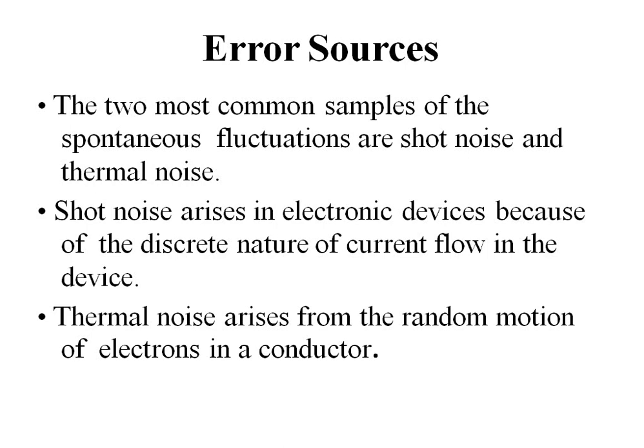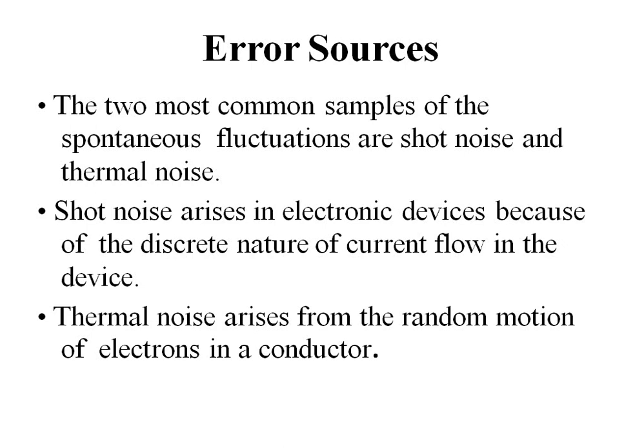This noise is caused by the spontaneous fluctuations of current or voltage in electric circuits. The two most common examples of these spontaneous fluctuations are shot noise and thermal noise. Shot noise arises in electronic devices because of the discrete nature of current flow in the device.